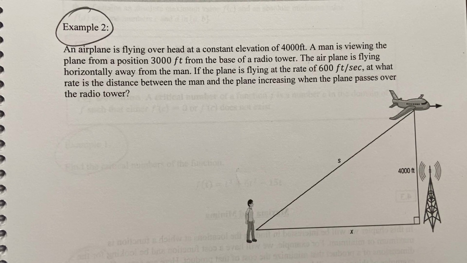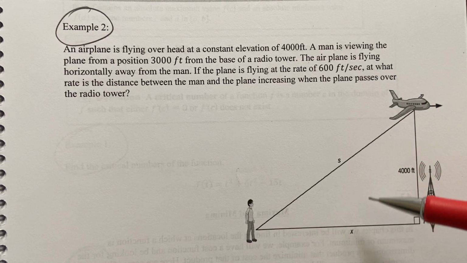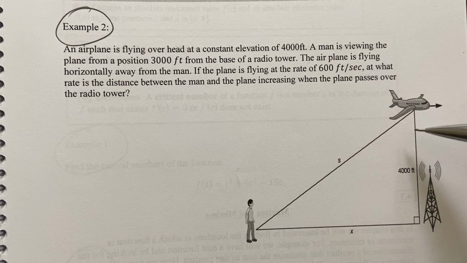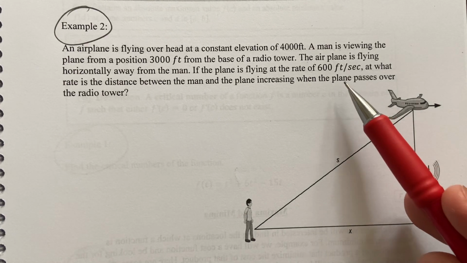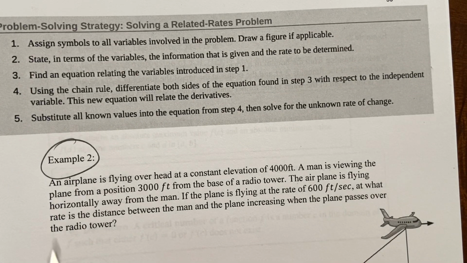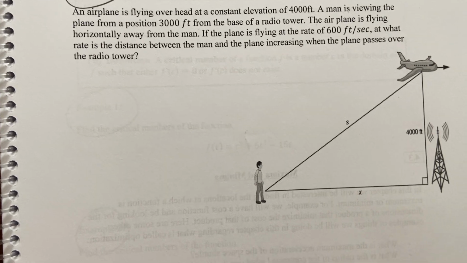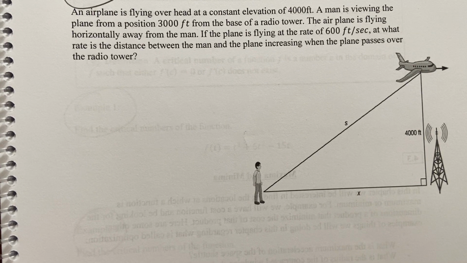All right, so it looks like variables have already been kind of assigned for us. I have s and x. Here's this constant 4,000. Here's this plane going that way at 600 feet per second. So with respect to number 1, this number 1 here, I want to describe the variables, or assign variables.